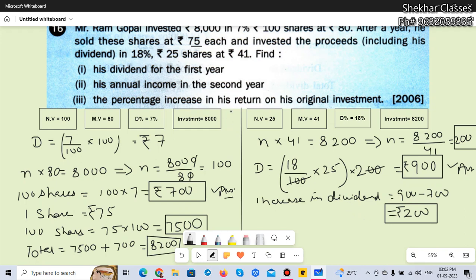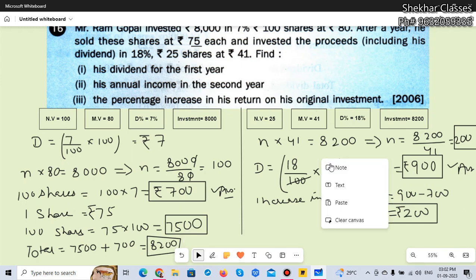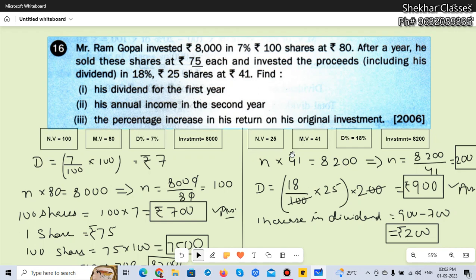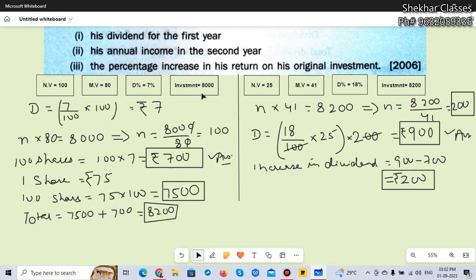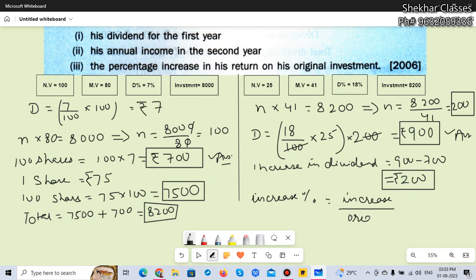Now they are asking the percentage increase in the return on his original investment. What was his original investment? You can see his original investment was 8,000 rupees, and now he is getting 200 more on that. So what is the percentage increase in his return? So we can write it as: increase percent is equal to increase upon original into 100. This is the formula that we have.